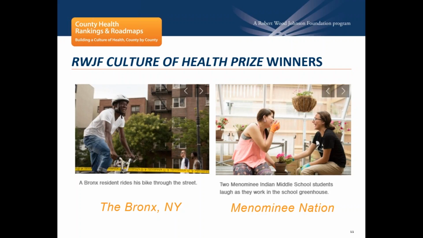In Menominee, community members view their rank as a challenge, and they're working together to put policies and systems in place to address what they believe are the 2 root causes of many of their problems, poverty and trauma. So, you know, again, 2 ways that communities are really using the rankings as a rallying point and to highlight the good work that's already happening.